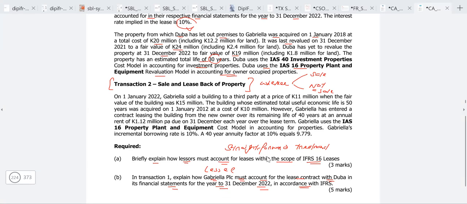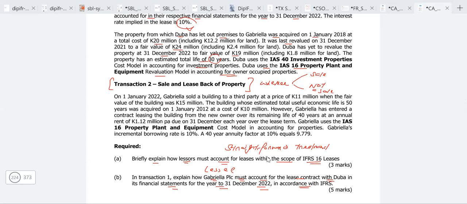So if it is the first scenario, where the sale and leaseback qualifies the criteria of a sale as per IFRS 15, in that case the seller lessee will record the right of use asset and the lease obligations, and they will de-recognize the asset from their books.